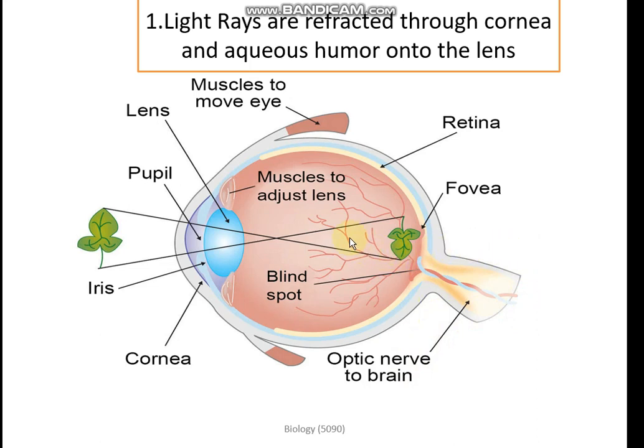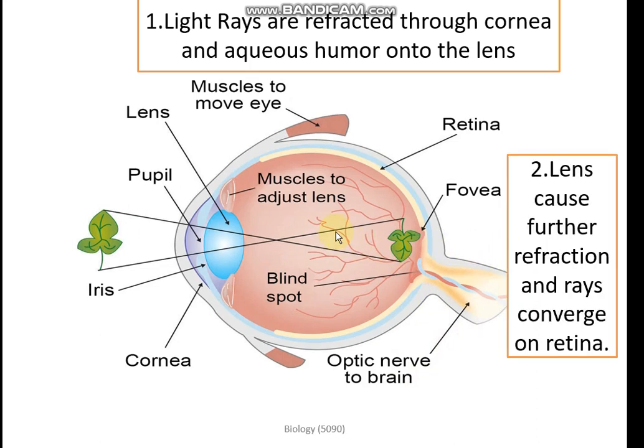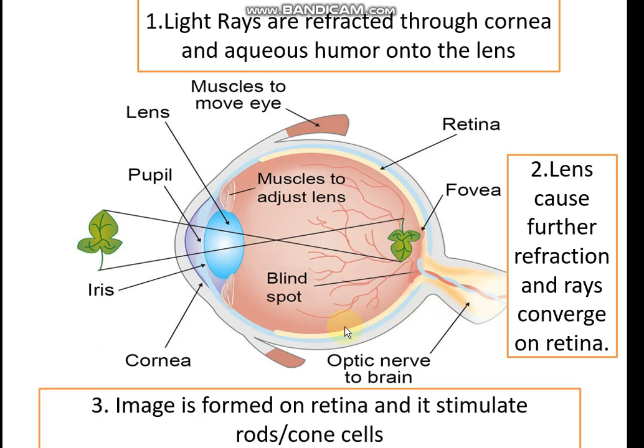Now what is the second step? The lens will cause further refraction. Once the light passes through cornea and aqueous humor, it will pass through the lens, which will cause further refraction or bending of light, so that the light rays can be converged onto the retina. Now here we have the third step.